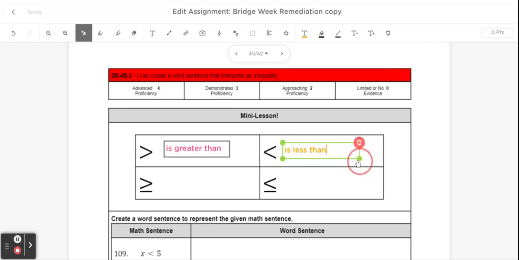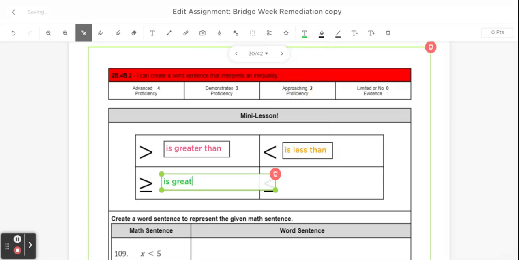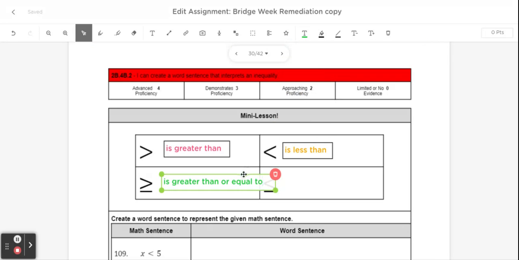The symbols down below there are the symbols for greater than or equal to. And the symbols for less than or equal to.